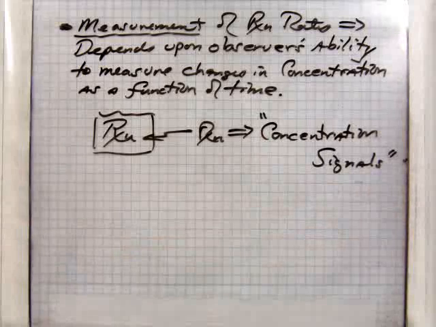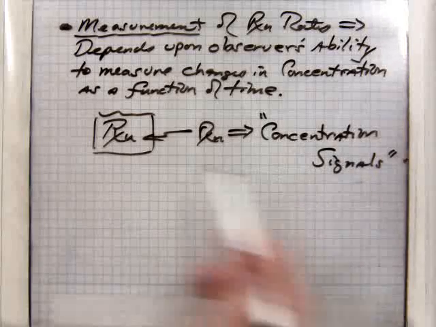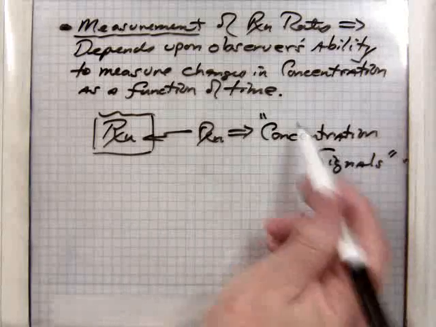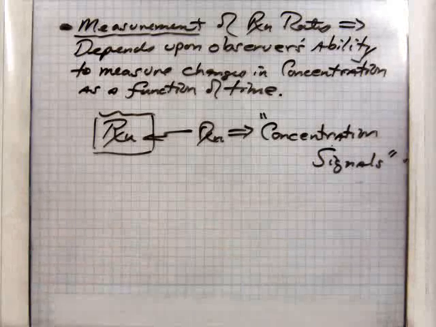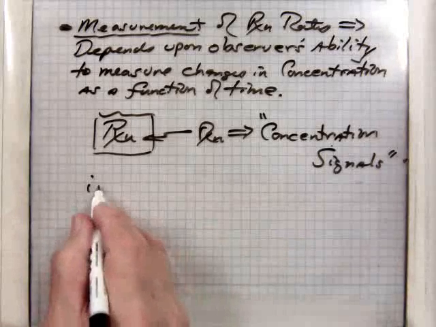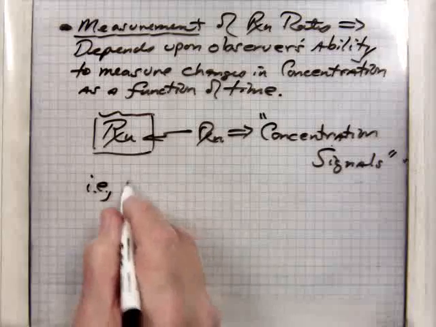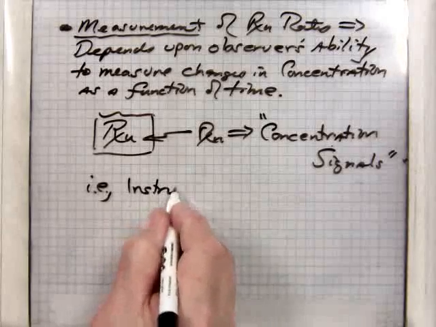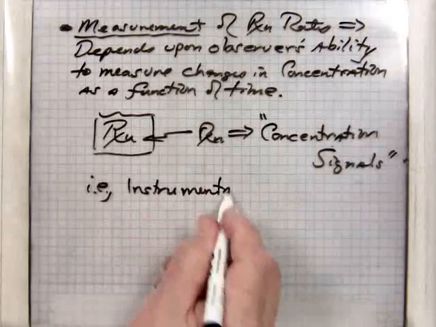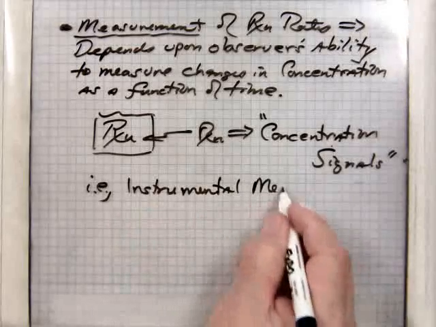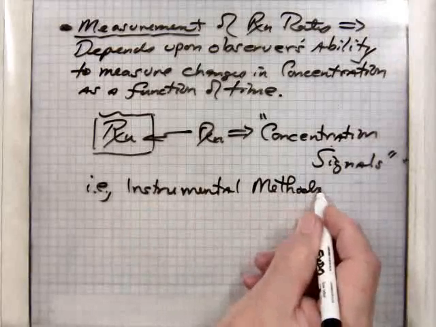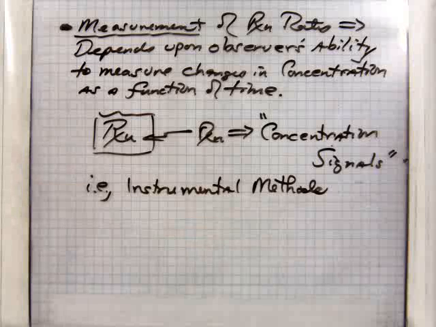And in your development and understanding of this, it is important to understand, well, what can detect these concentration signals? What instruments, that is, instrumental methods, are used to define concentration?